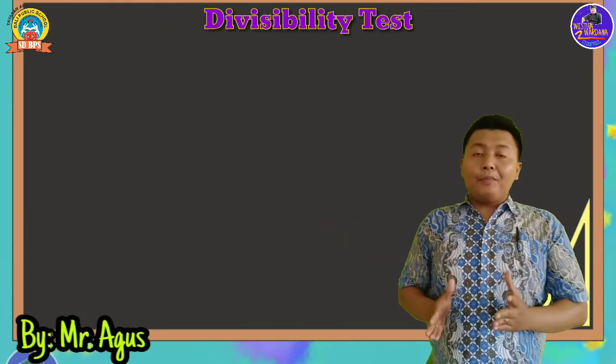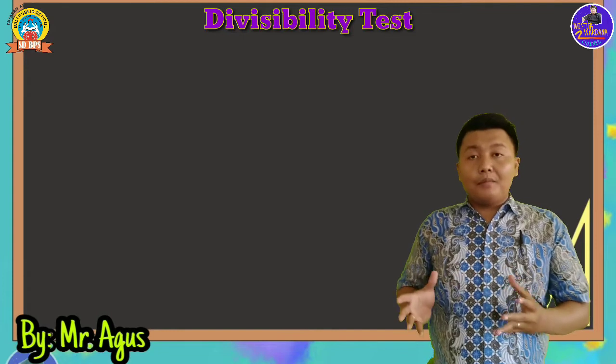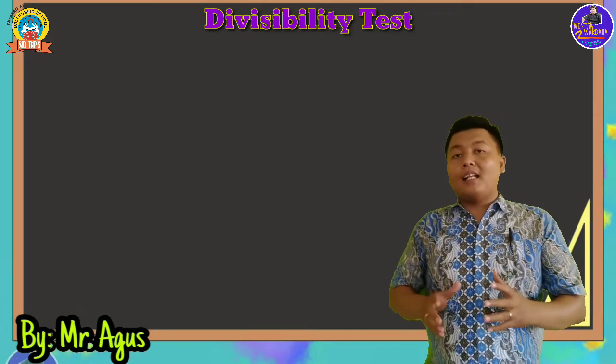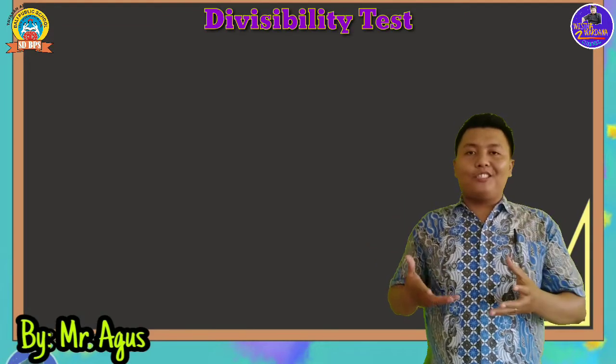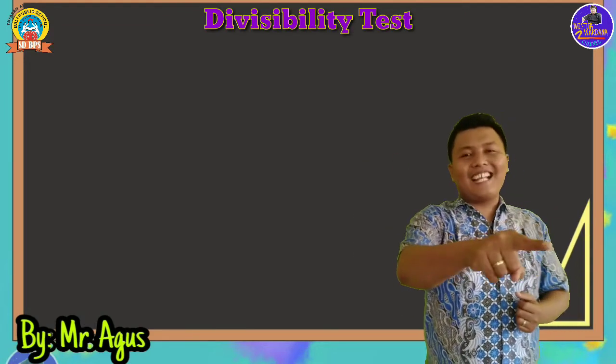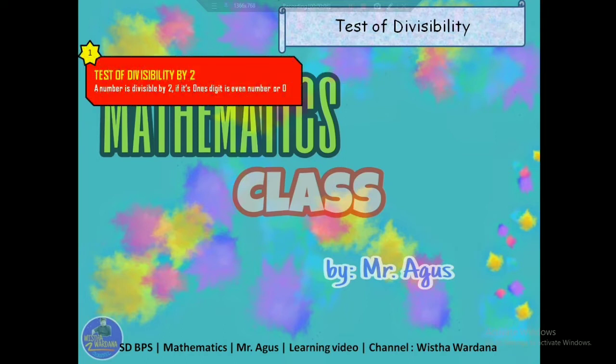The second subtopic is about divisibility test. This is not something new for you, but I would like to explain it again to make you remember this topic. Let's check this out. Test of divisibility by 2.